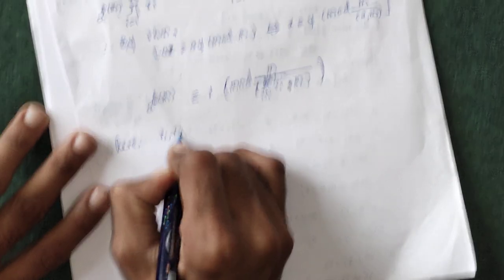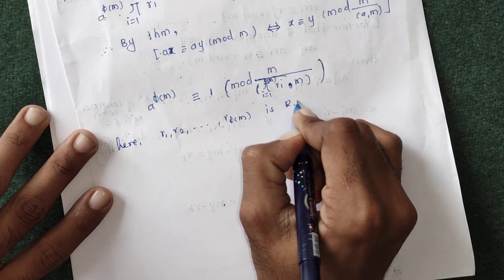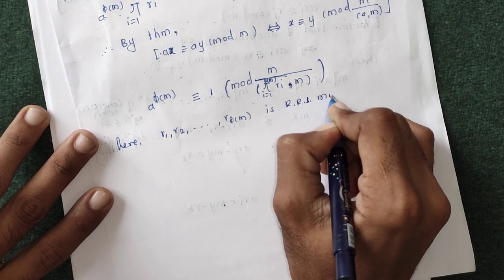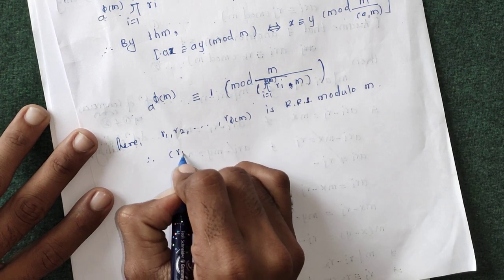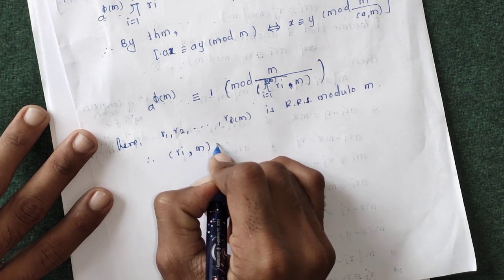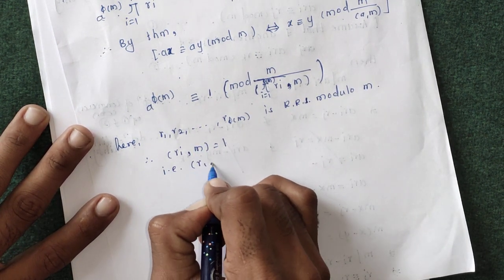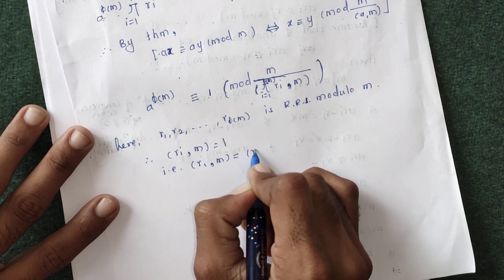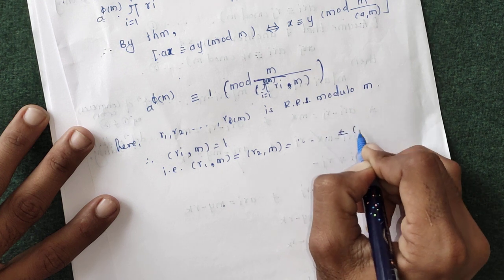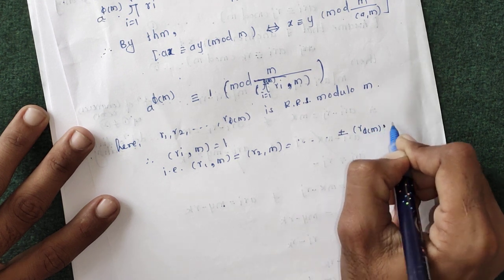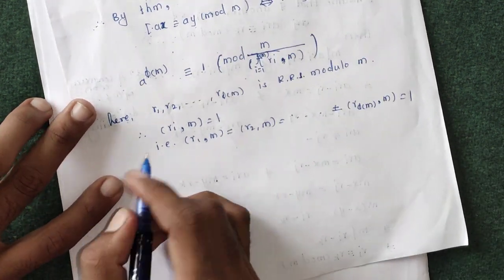Therefore GCD of each ri with m is equal to 1, that is all these numbers are relatively prime to m.